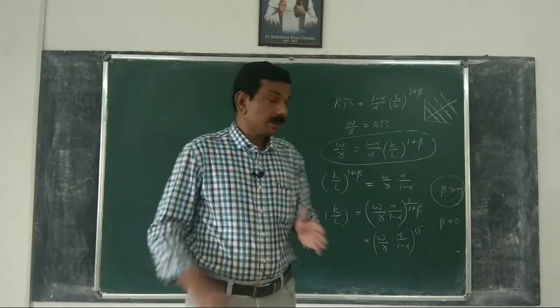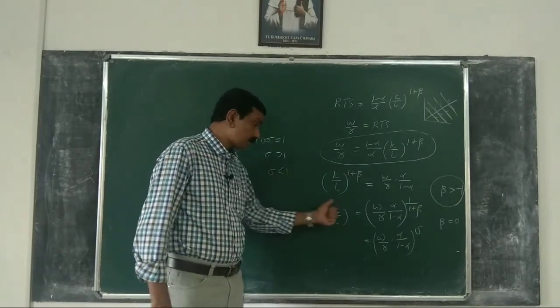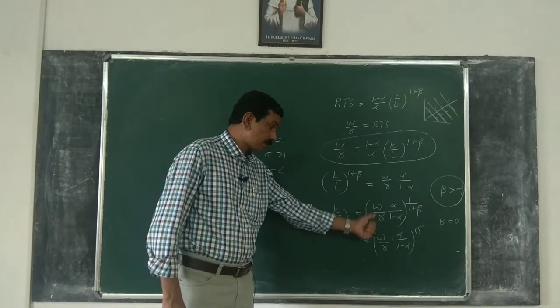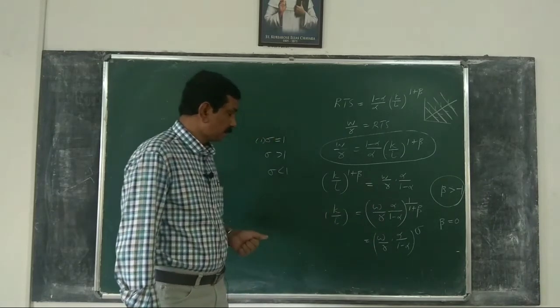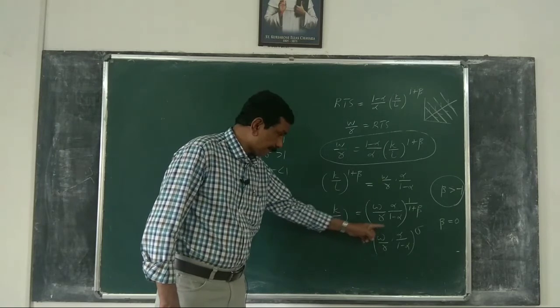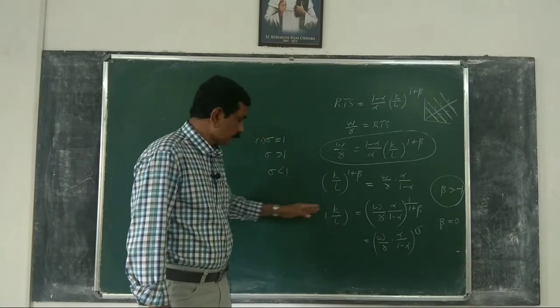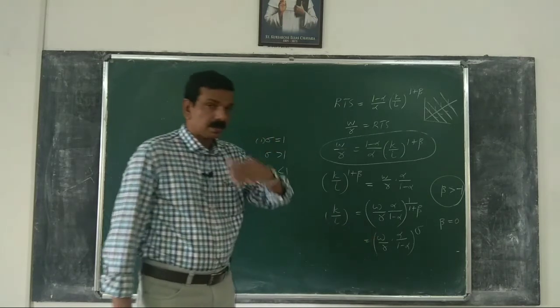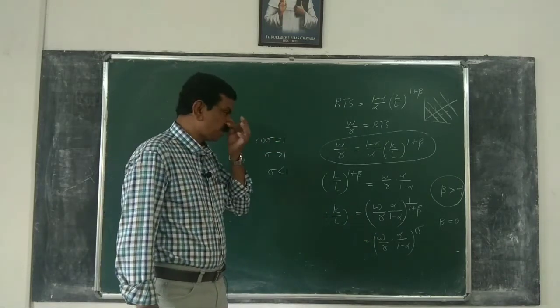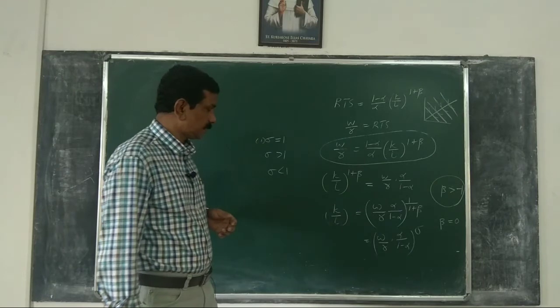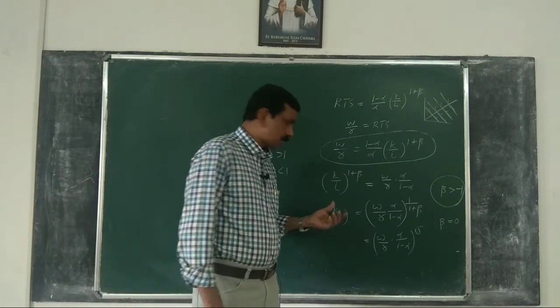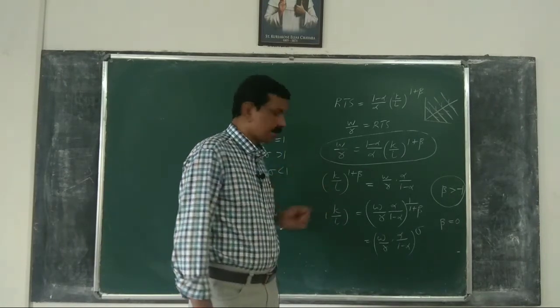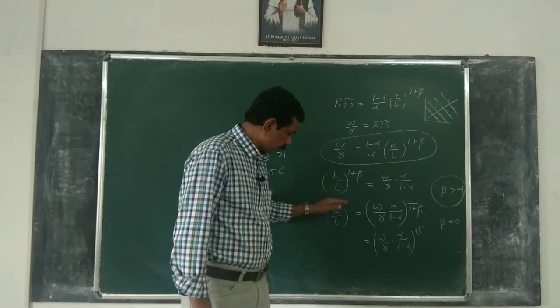So if sigma is greater than 1, the response of K by L to W by R is more than proportionate. If sigma is less than 1, the response is less than proportionate. Remember these points.